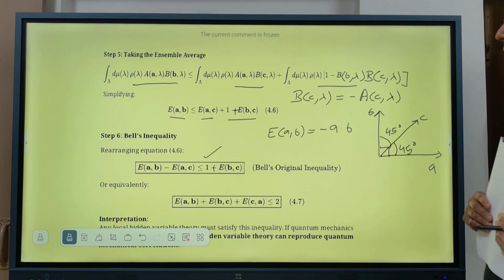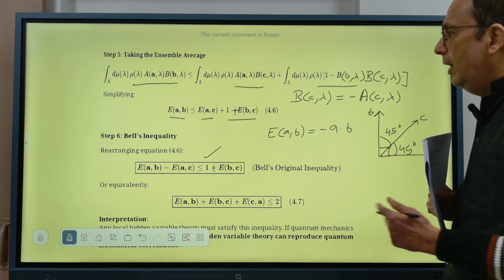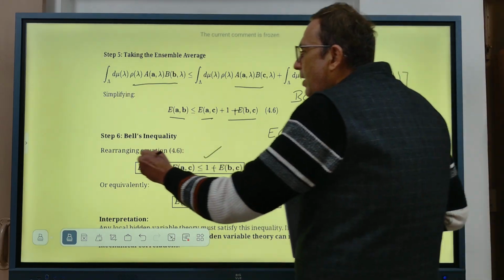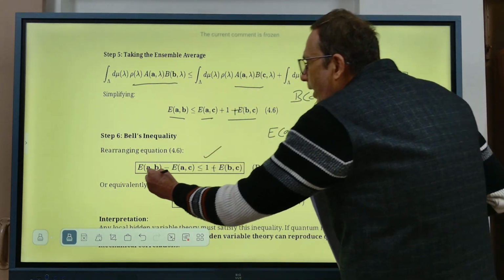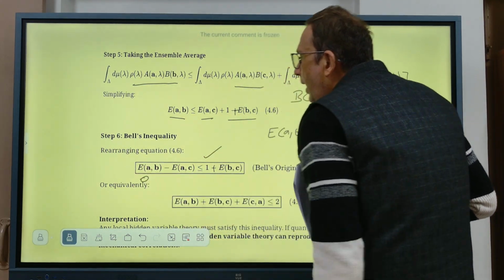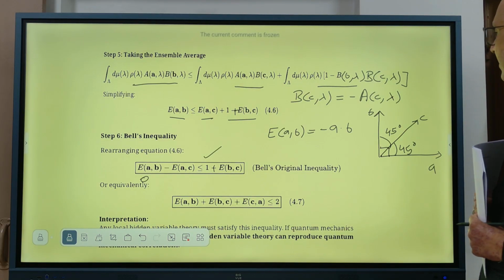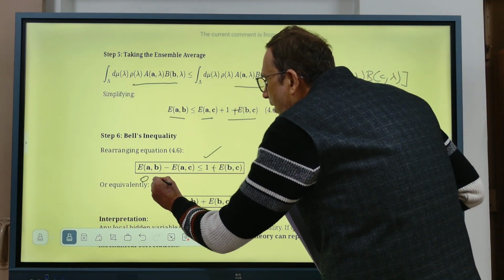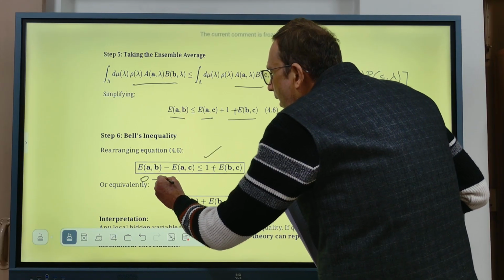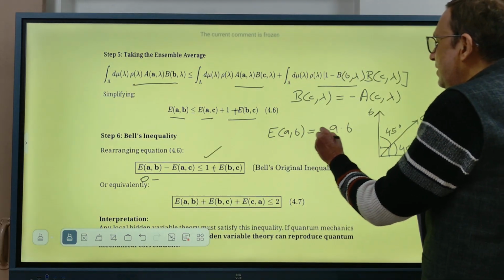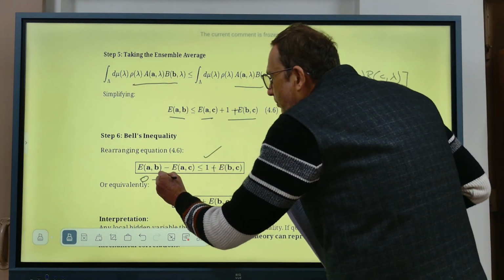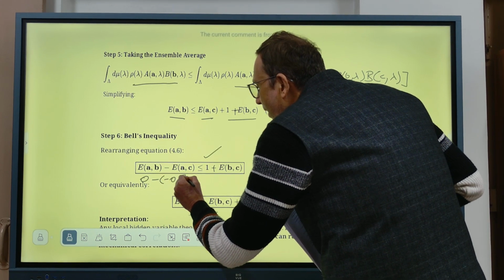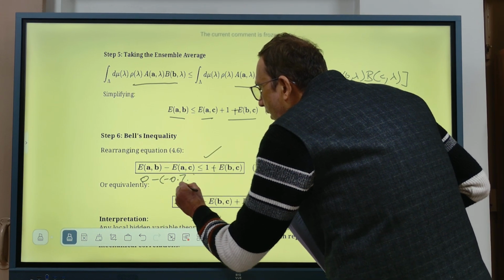Okay. So then what will happen? EAB is of course 0 because it is 90 degrees. So we can write it as 0 here. What about EAC? Since A and C are 45 degrees apart, EAC is minus A dot C, so it is 0 minus minus 0.7 something.